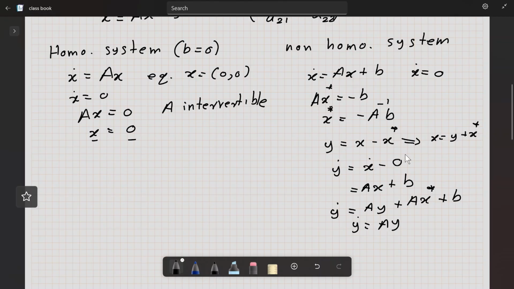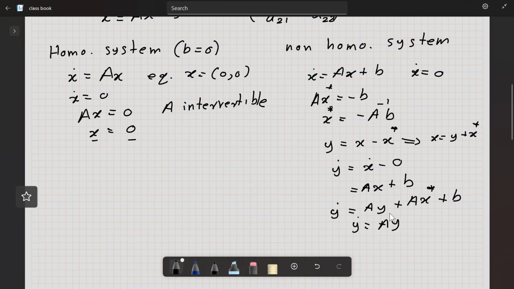So we can transform this non-homogeneous system into a homogeneous system, and from this new system we can consider the qualitative behavior of our non-homogeneous system. The only thing we need to do is shift. Here the equilibrium point is (0, 0), and in this case also it will be (0, 0).